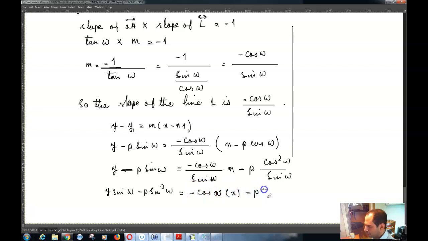minus p times cos squared omega, and then you can write this as negative x times cos omega, which becomes x times cos omega plus y times sine omega minus p times sine squared omega.